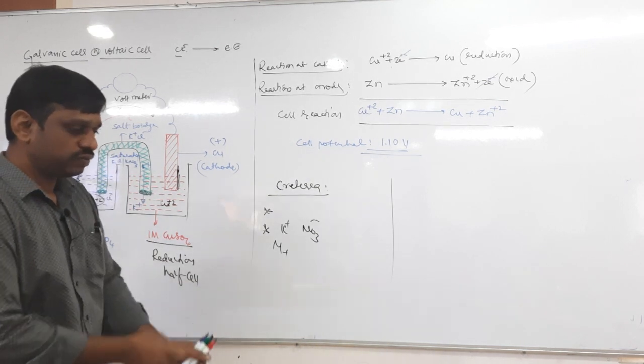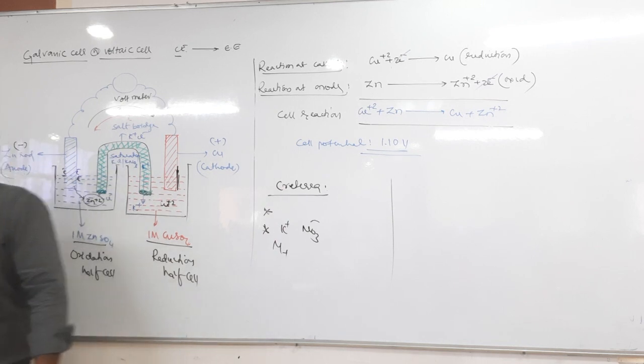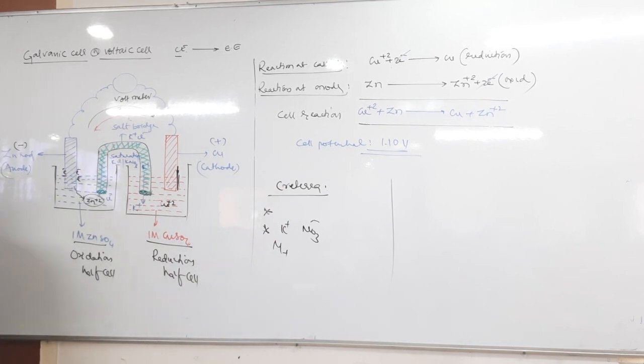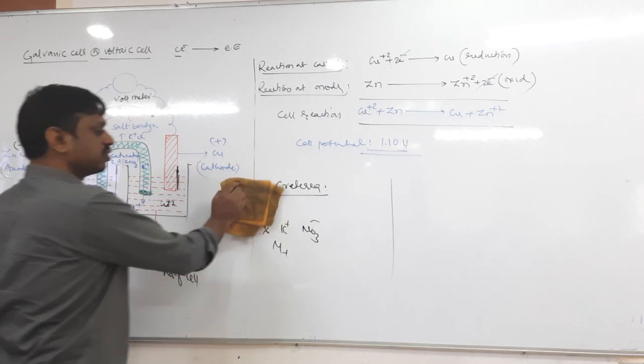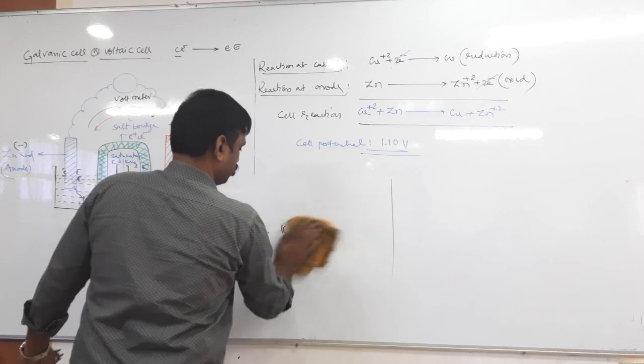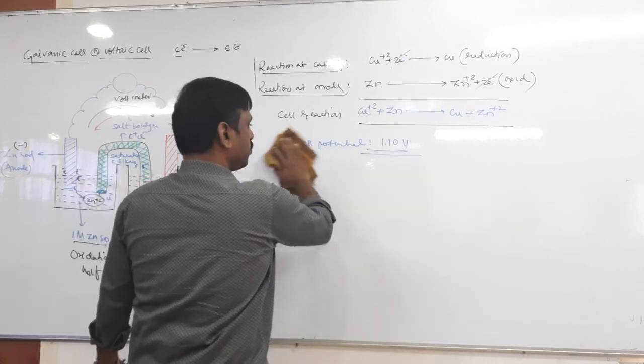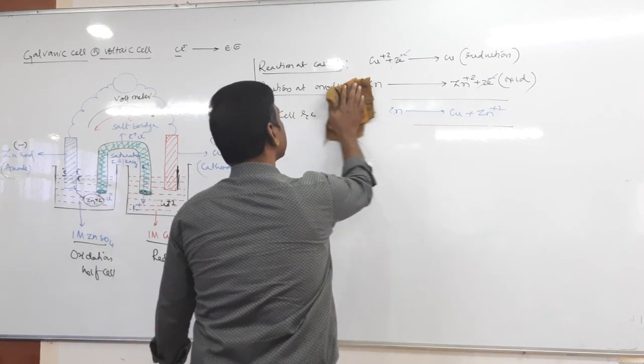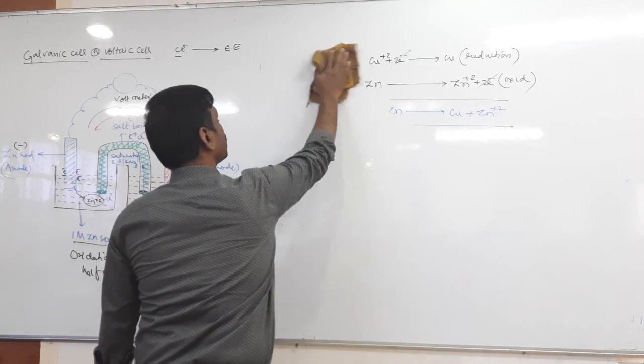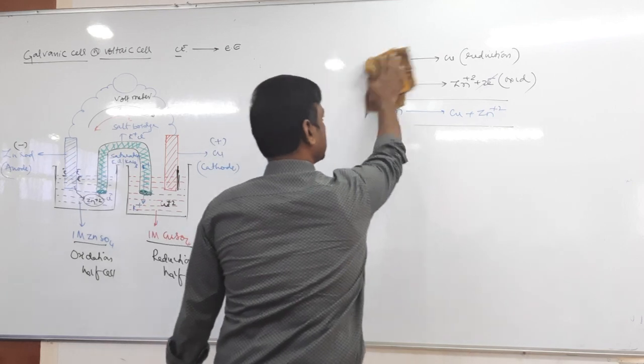Criteria for salt bridge. One, the electrolyte taken in salt bridge should be chemically inert. That is, it must not interfere with cell reactions.